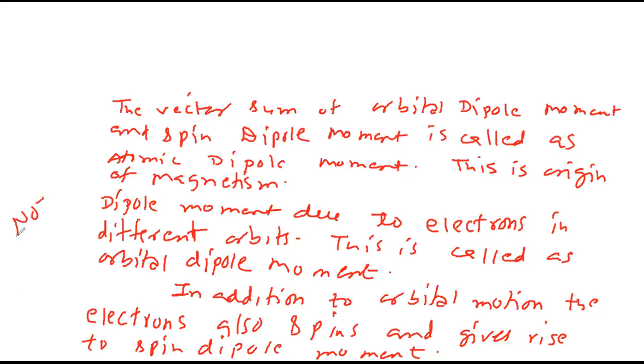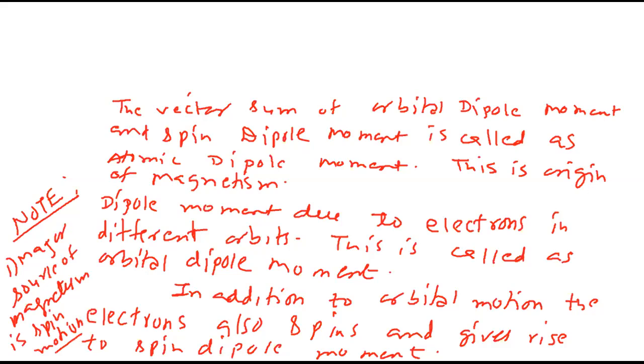Then write note. Major source of magnetism is spin motion. सर नोट में क्या लिखा है एक बार रीड कर सकते हो?